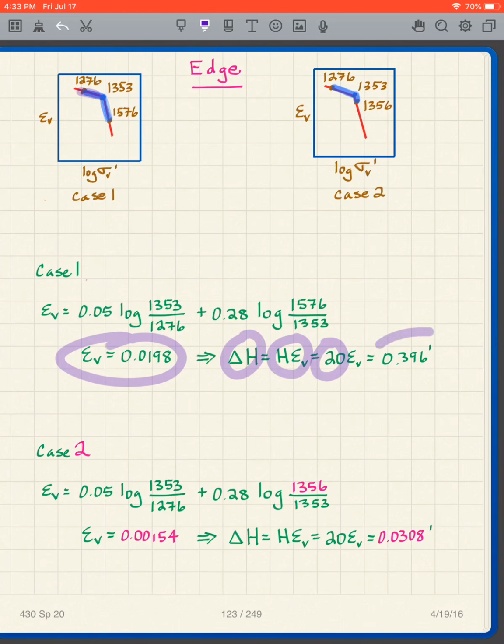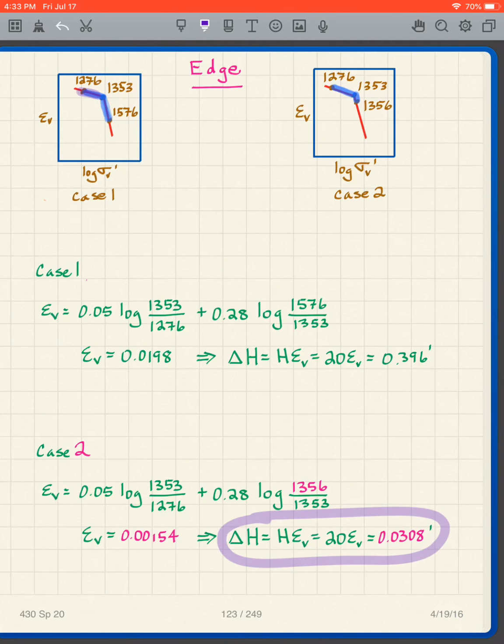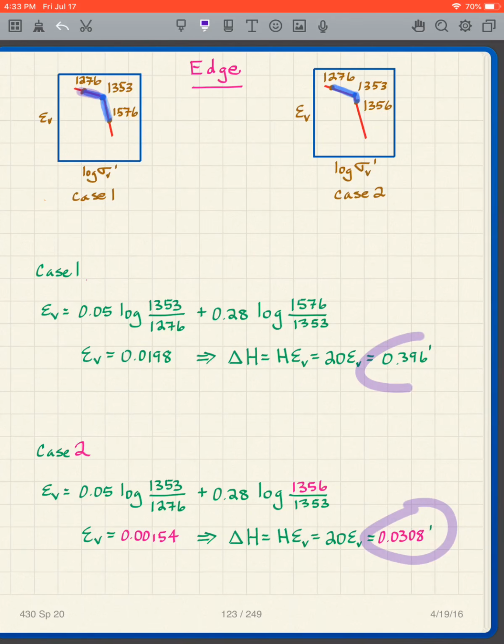So I get 0.396 feet for my edge settlement for case 1 with no basement, and then my delta h, again using h epsilon v, I get 0.0308 for the situation with the basement. So notice again, much less settlement for the basement case.